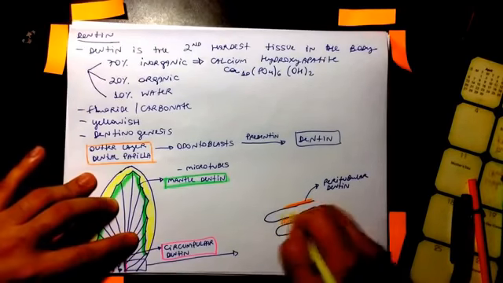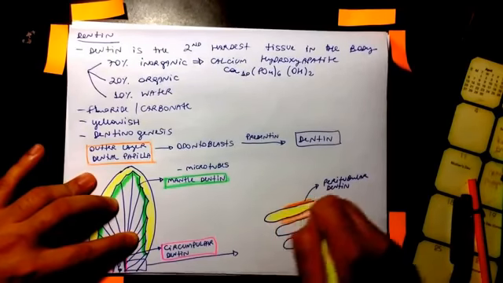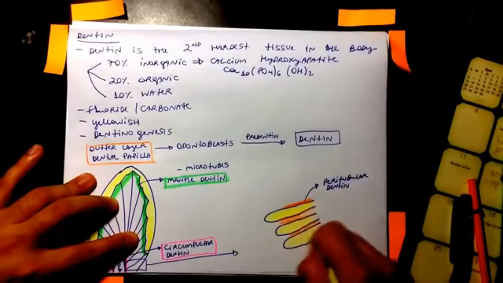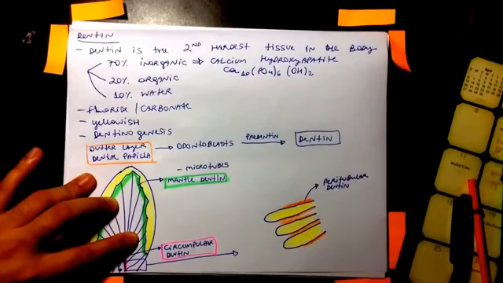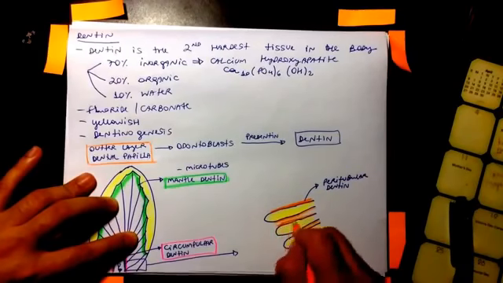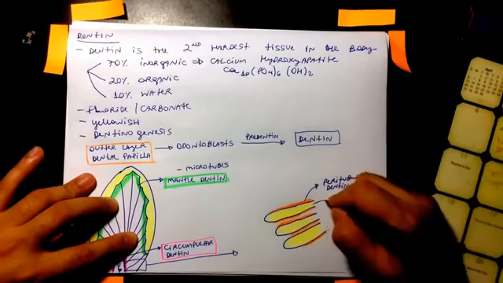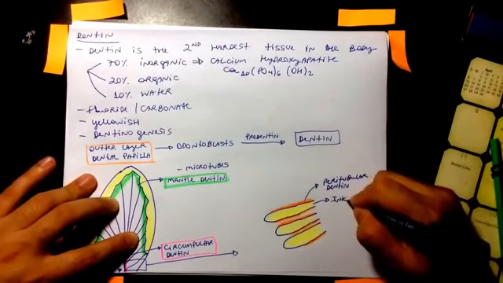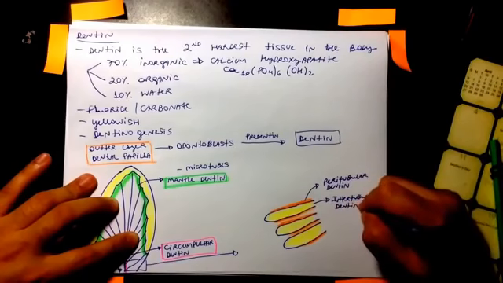So the dentin that is in between those tubules, okay, this in between the tubules, we're gonna call intertubular dentin.